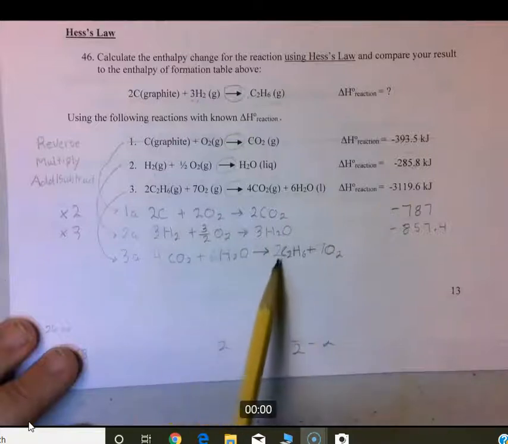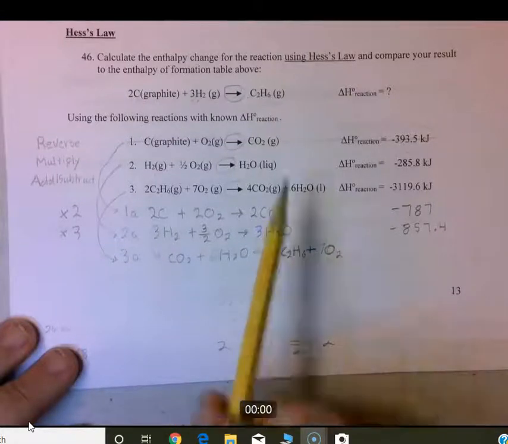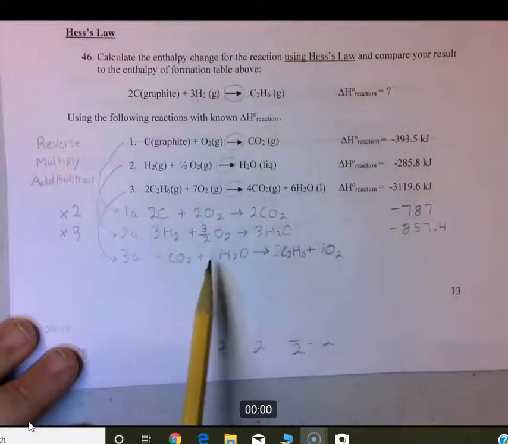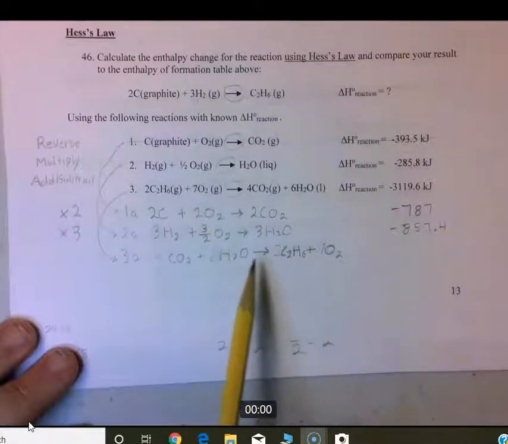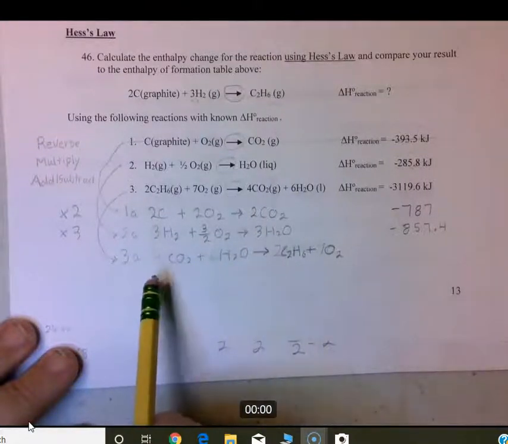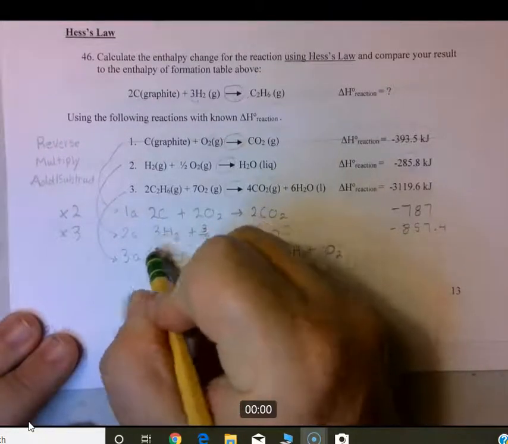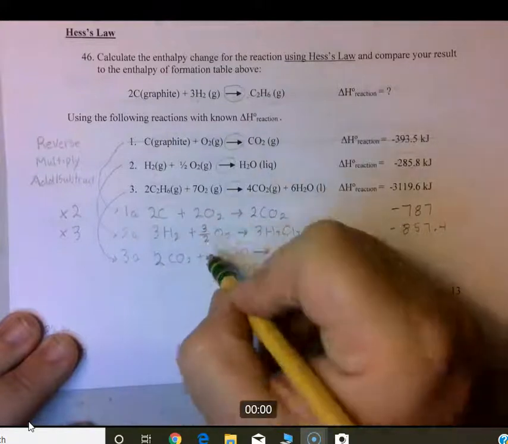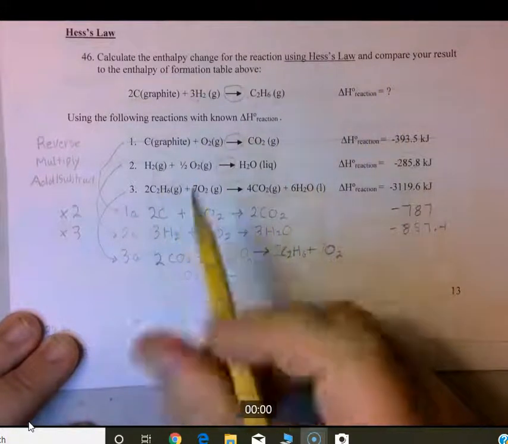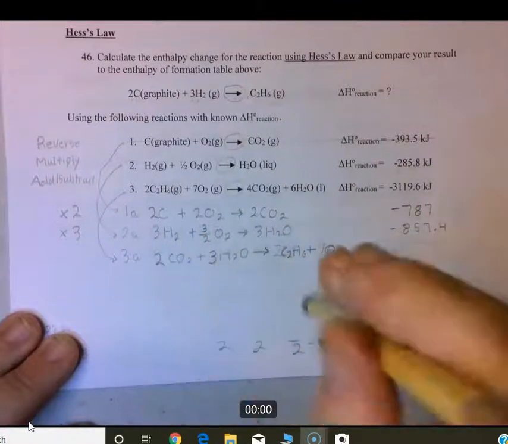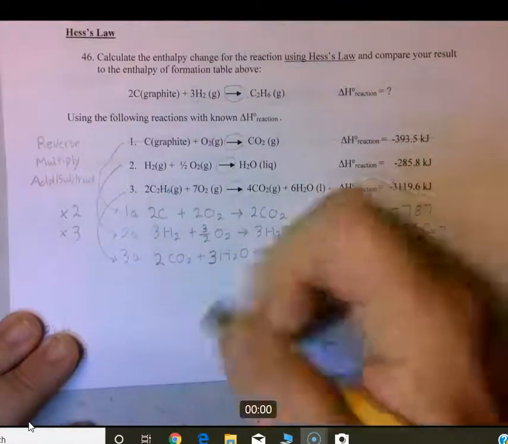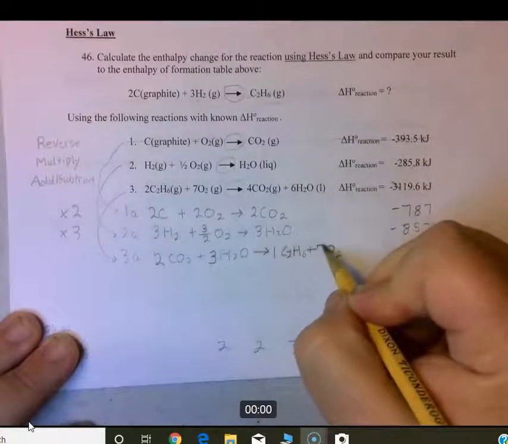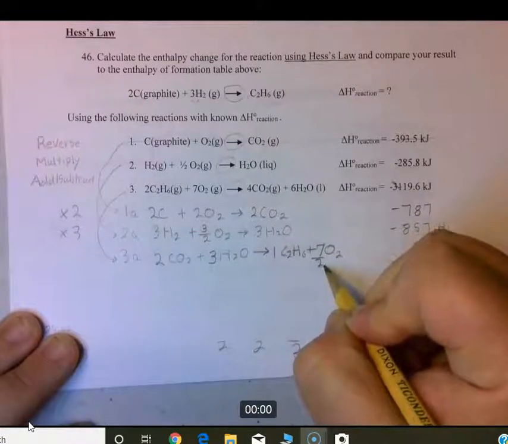Now the other thing we need to do is we need to get rid of that 2 in front of C2H6 because it does not have that coefficient up here. So I'm going to divide everything by 2. I'm going to divide that by 2. That means everything else gets divided by 2. So that's why I wrote these coefficients lightly. So 4 divided by 2 becomes 2. 6 divided by 2 becomes 3. 2 divided by 2 becomes 1. And 7 divided by 2, we'll just go ahead and write it here, is 7/2.